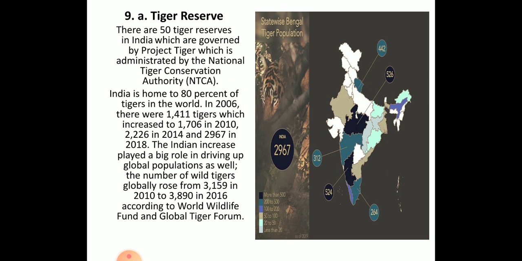In 2006 we had 1411 tigers, in 2010 we drastically increased, and later in 2014 we had 2969, and our Karnataka plays a very important role. We are the highest in having tigers, and globally there are around 3890 overall.